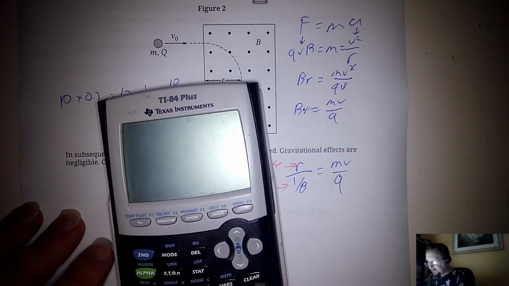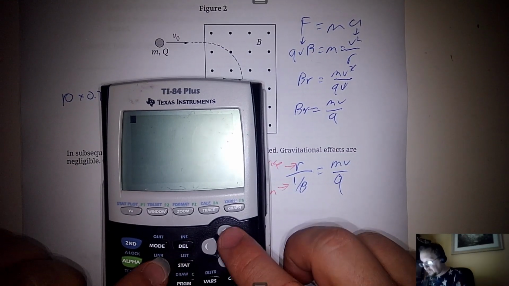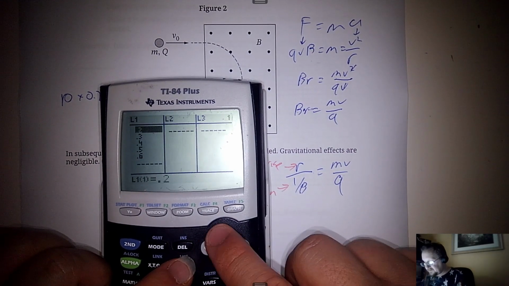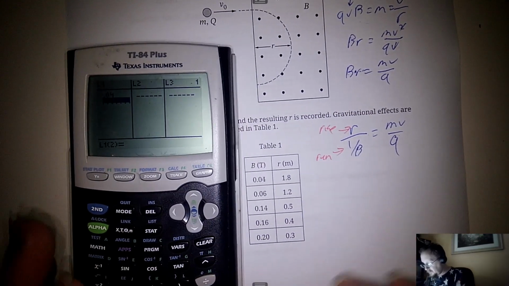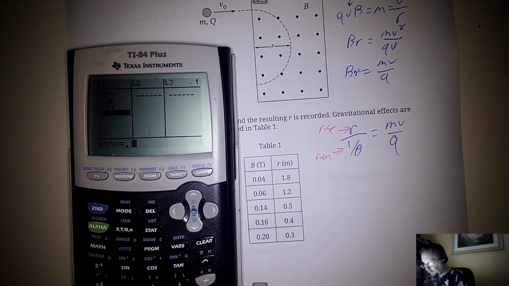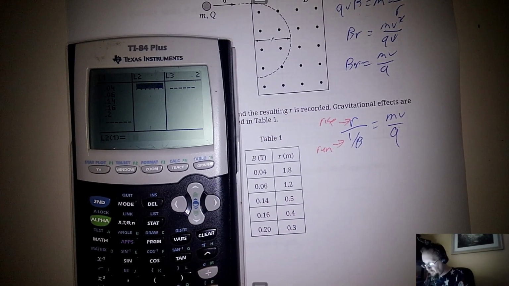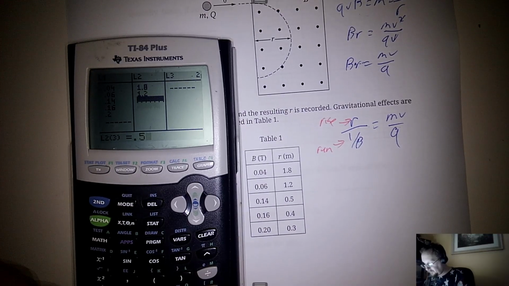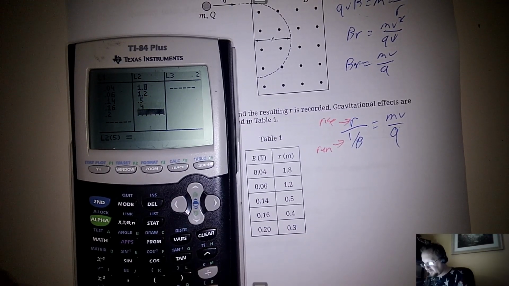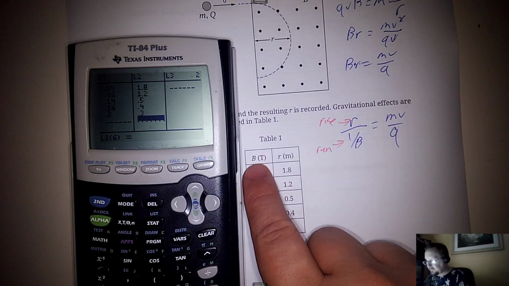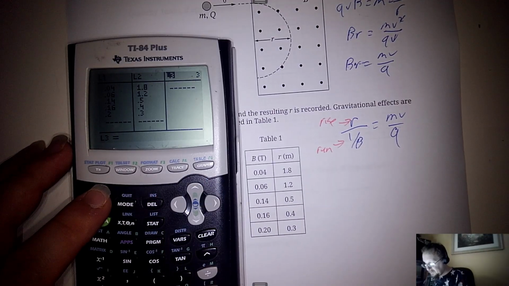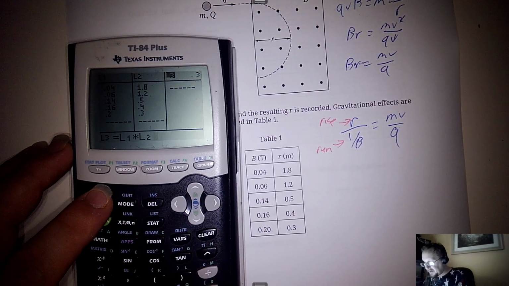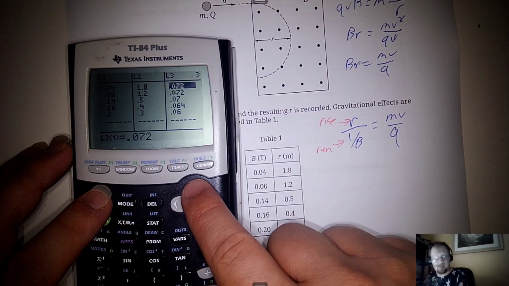So I'm going to just take my calculator right now. Oops. Let's delete this stuff that came from the P1 test. 0.04, 0.06, 0.14, 0.16, 0.2, and 1.8, 1.2, 0.5, 0.4. Our clue that we needed to reciprocate somebody comes from the fact that as B increases, R decreases. In fact, the other clue is that if you multiply L1 and L2, you get almost kind of the same number all the way down.